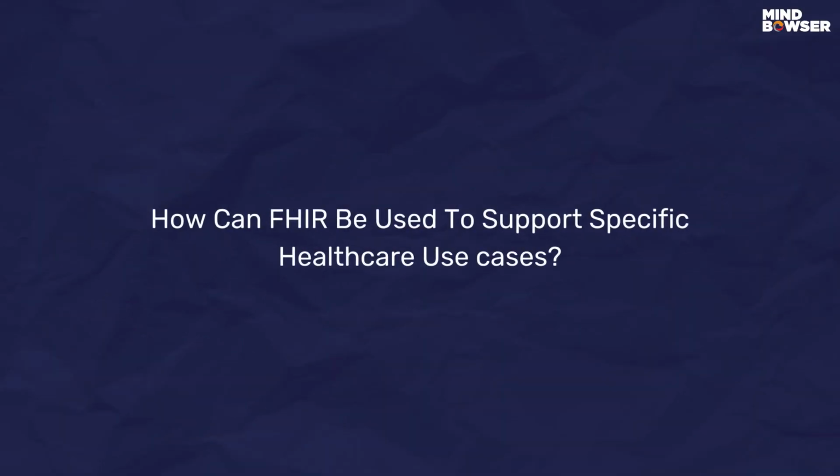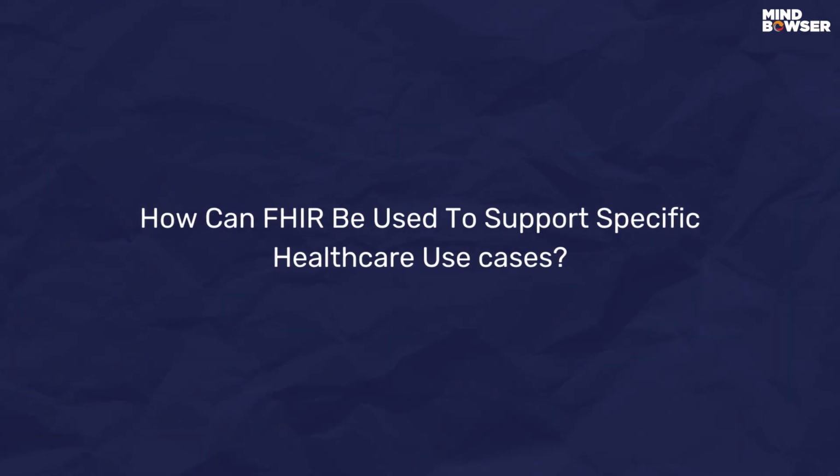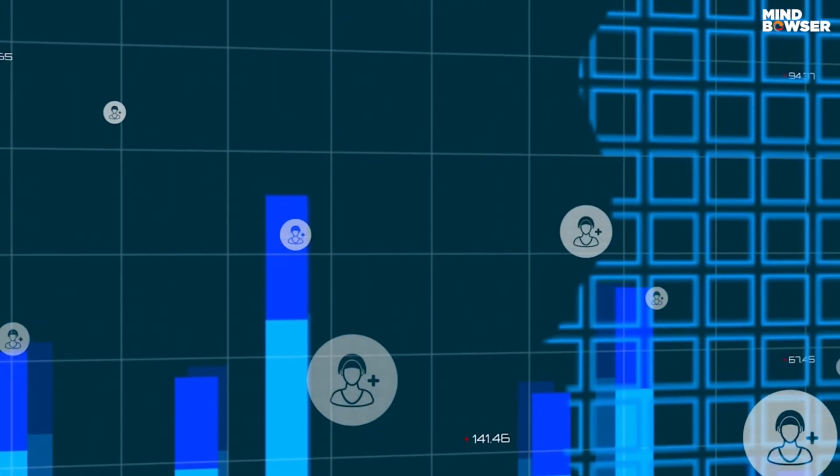So, how can FHIR be used to support a specific healthcare use case? Maybe take an example of medication management or population health analytics. How does it help there? If we are talking about medication management, we have a couple of resources provided by the FHIR standards which are associated with medicines only. We have medication administration, medication statements, etc. These resources can be used in various systems.